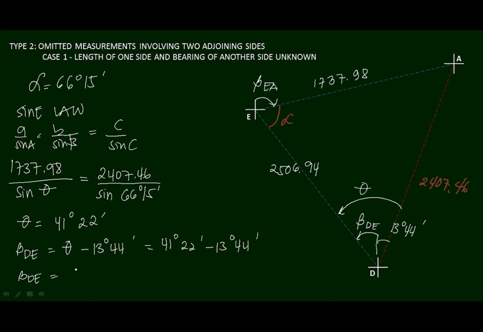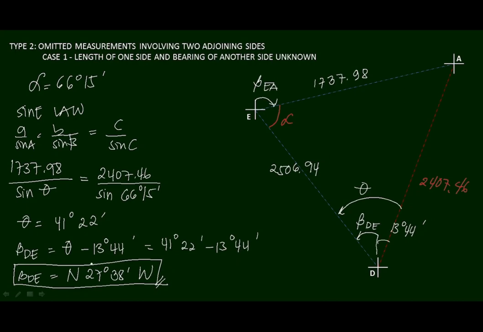That is 27 degrees 38 minutes D to E, and that is north to west. Northwest. This is now my answer for the bearing of DE.